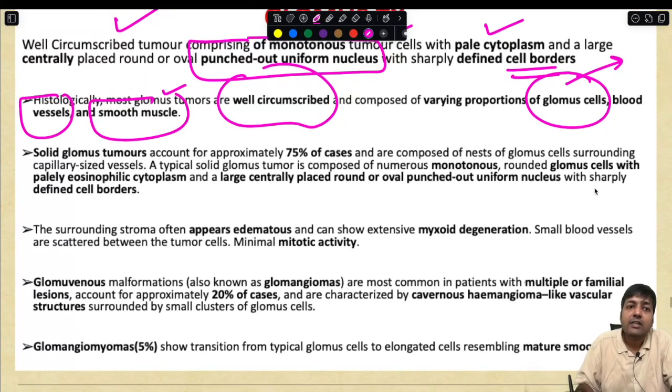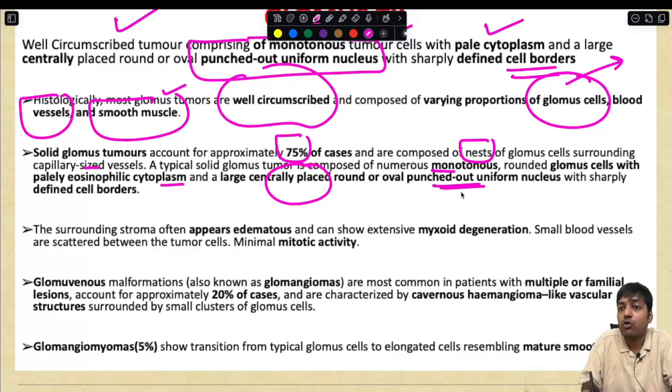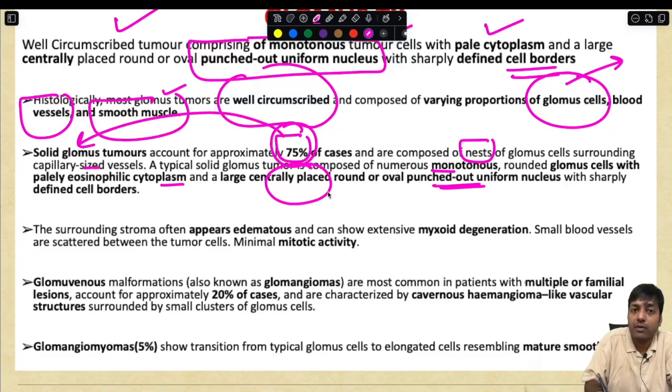Solid glomus tumors account for approximately 75% of the cases and are composed of nests of glomus cells surrounding capillary sized vessels. A typical solid glomus tumor is composed of numerous monotonous rounded glomus cells with pale eosinophilic cytoplasm and centrally placed round to oval punched out nucleus with sharply defined cell border. So 75% of the cases of glomus tumors are solid glomus tumors.